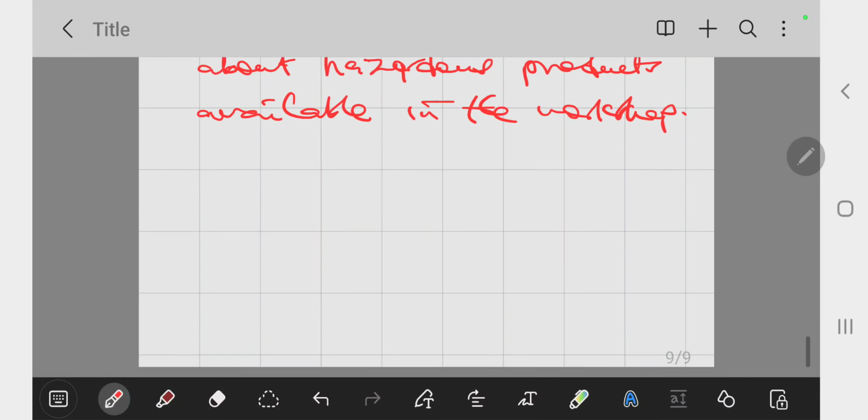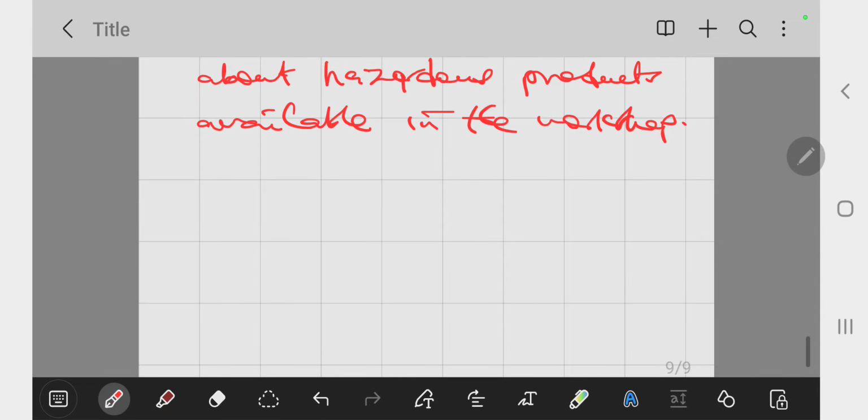Yeah, so some of the information you can find on an MSDS. So an MSDS basically is a document containing some of the products you have in the workshop, and some of the information about it, like if it's toxic, how you can prevent the effects from worsening, how you can handle it, and all that.